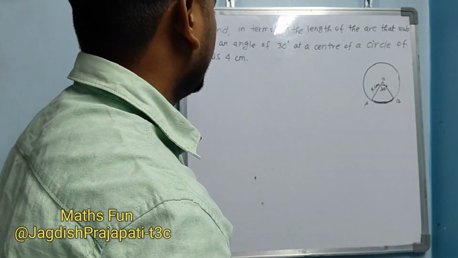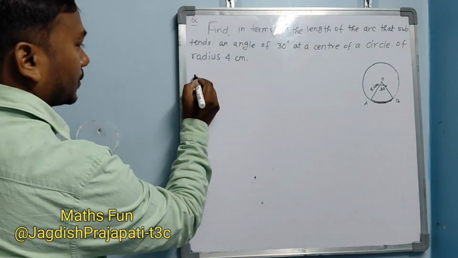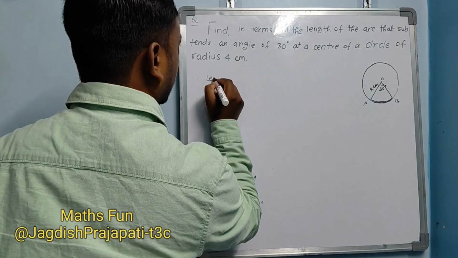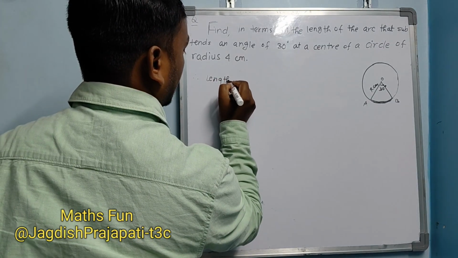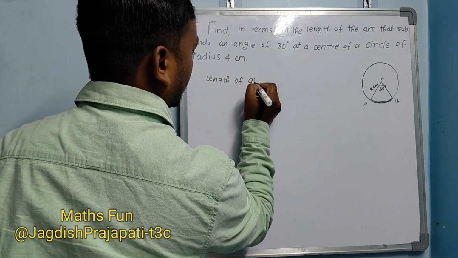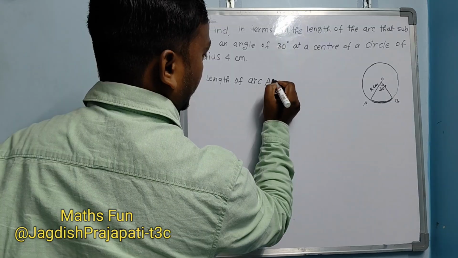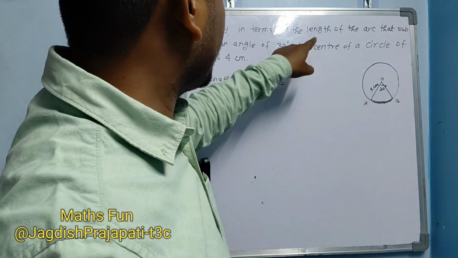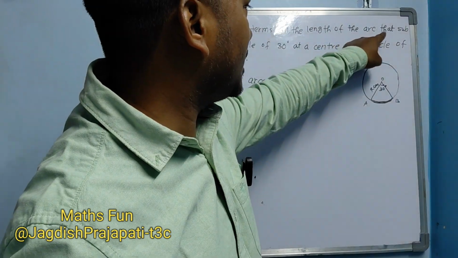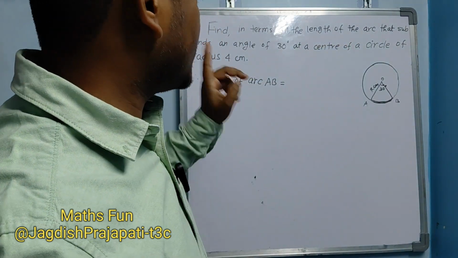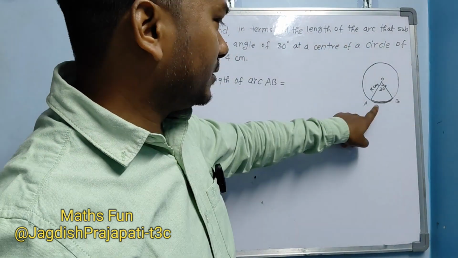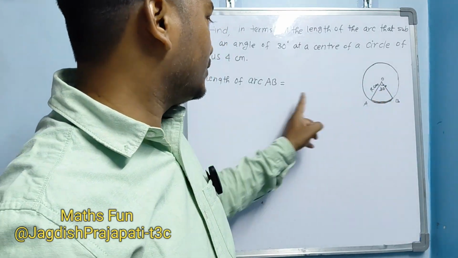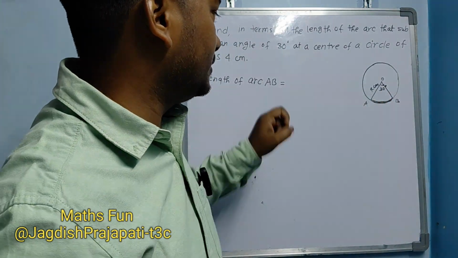Therefore, length of arc AB, because it is given in the problem that we have to find the length of the arc that subtends an angle of 30 degrees. Since this arc subtends an angle of 30 degrees, we have to find the length of the arc AB.